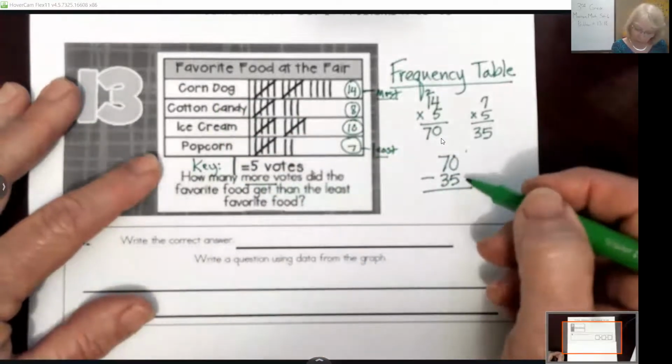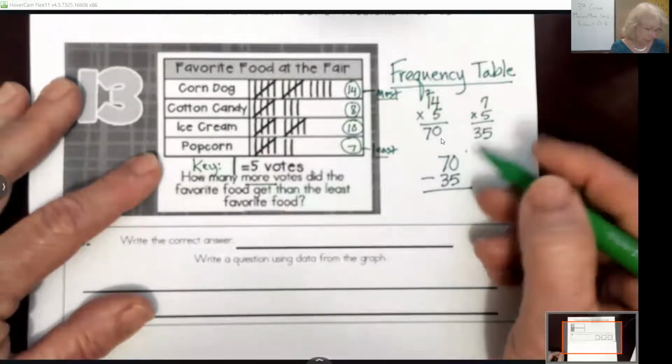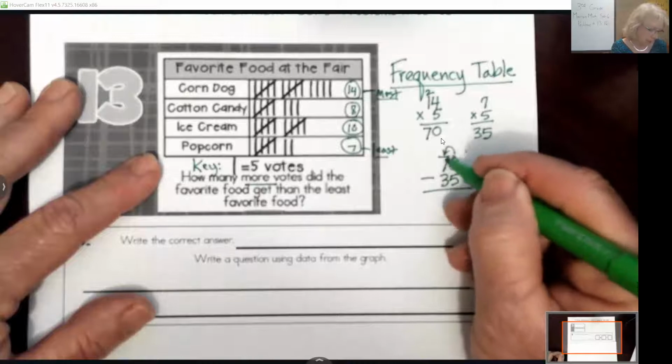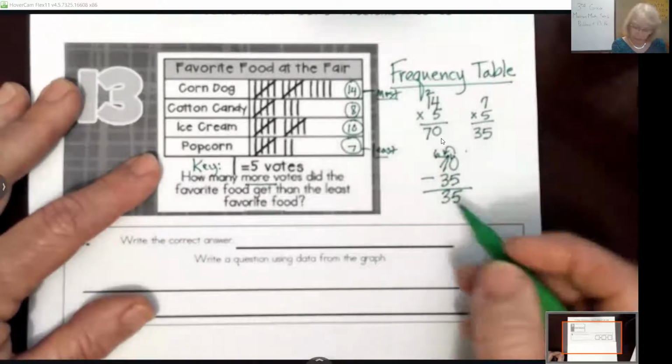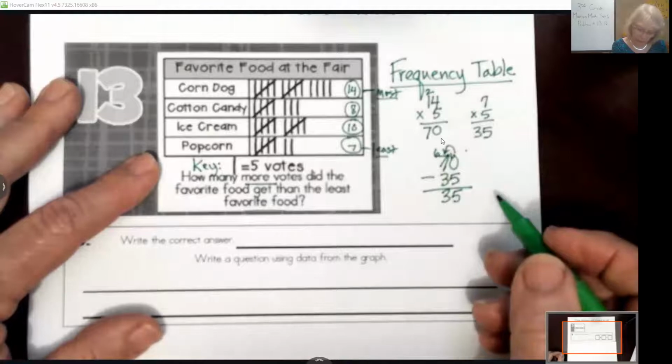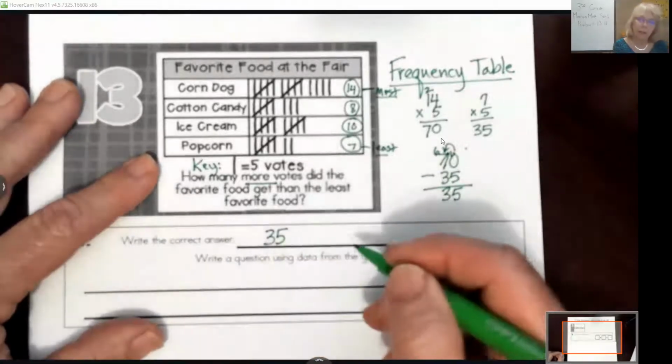So we have a regrouping problem here because we can't take 5 away from 0. So we're going to go next door, knock on the door, borrow 1. And now we have 10 take away 5 is 5, 6 take away 3 is 3. So our answer down here is going to be 35.